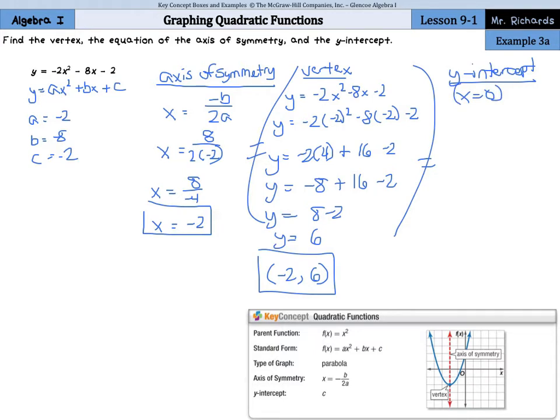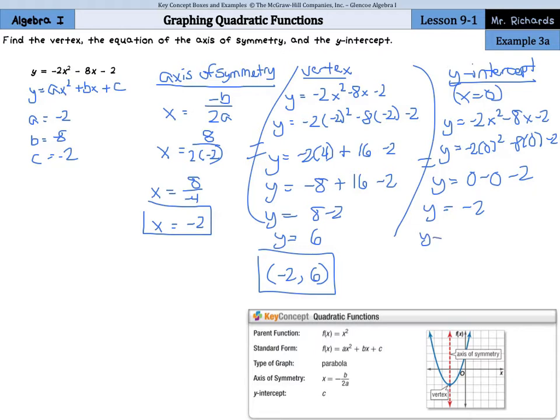So if I use my original formula, y equals negative 2x squared minus 8x minus 2, and put zeros in for x, I would get y equals, well, we'll just put it in, 0 minus 0 minus 2. Y is going to equal negative 2, which means my y-intercept equals negative 2. And that's one way of solving it.